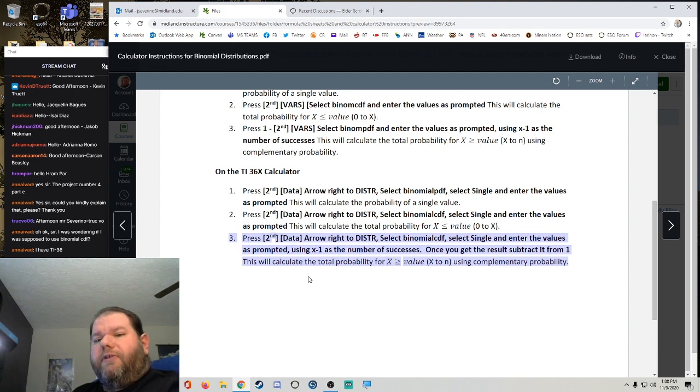This complement represents the probability of x through n. And so that's the approach that we take there. So basically, this is 4a, 4b, and 4c.